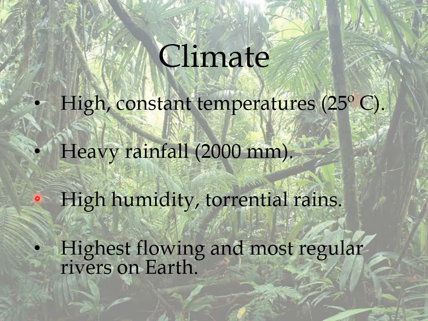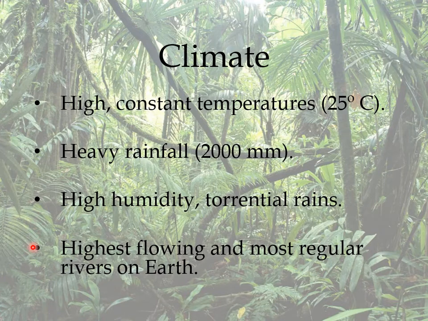The air is always very, very humid, and they can suffer from torrential rains. Because of this amount of humidity in the air, just a little decrease in temperatures, for example, during the night, makes the water in the air condense and fall in the shape of rain.